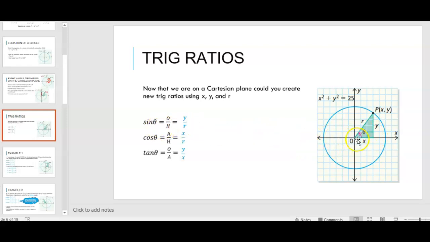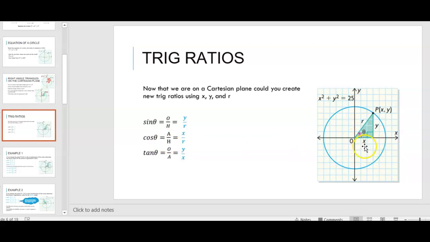So we know that sine of angle theta is opposite over hypotenuse. Opposite now is the y value, okay, and hypotenuse is the r value. So sine of theta in the Cartesian plane will be y over r. The same approach for cosine of theta. Cosine is adjacent over hypotenuse.